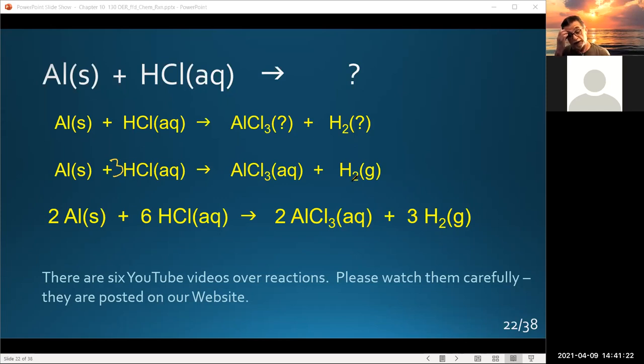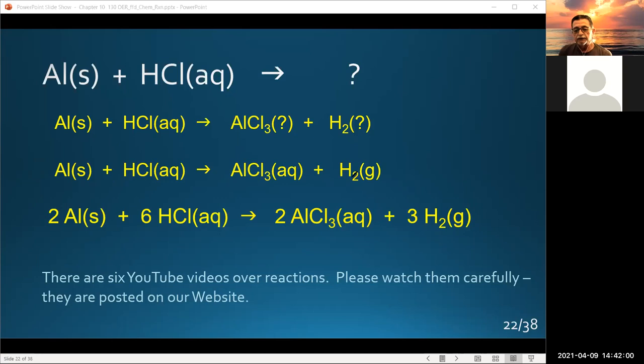And I can't really balance this 3 and that 2. So if I do 6 here and I put a 3 here, that does take care of my hydrogens. 6 hydrogens, 6 hydrogens. Well, that picks up my chlorides, which means now I put a 2 here that takes care of my chlorides. 6 chlorides, 6 as HCl, which then I have to increase my aluminums. So that's basically how I had to do that.